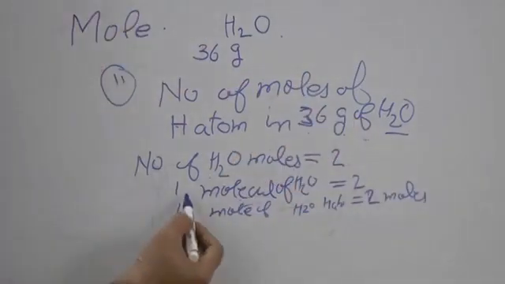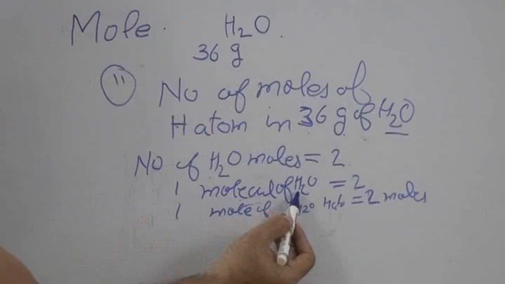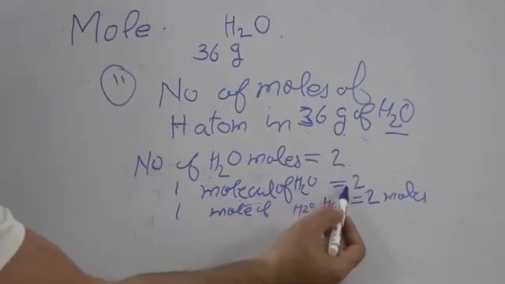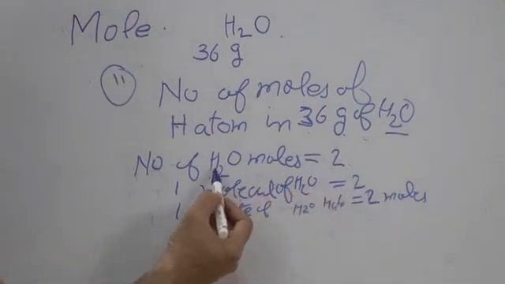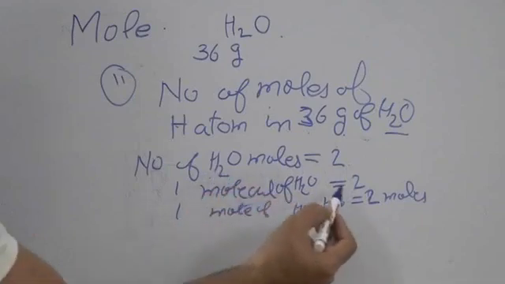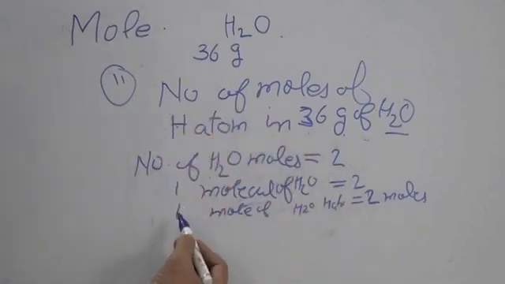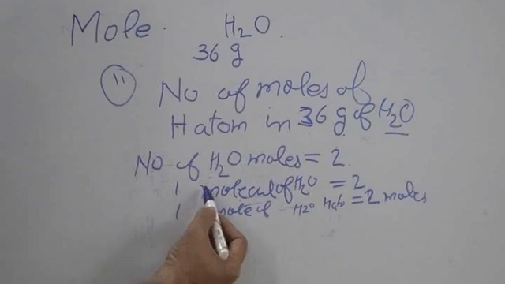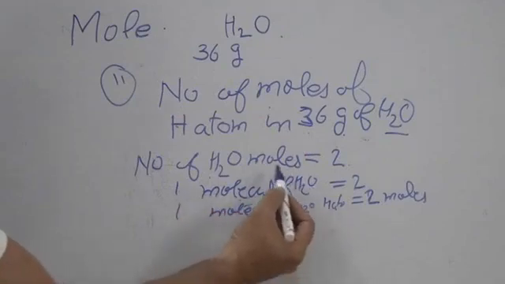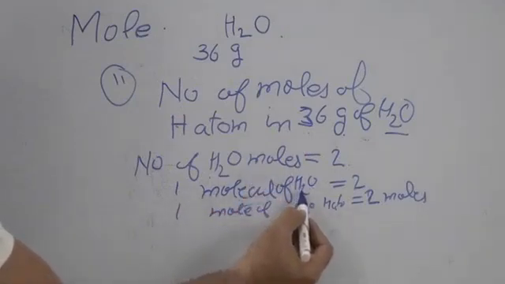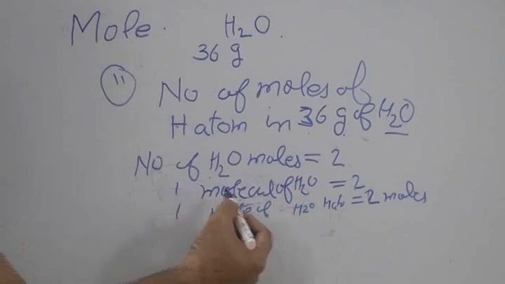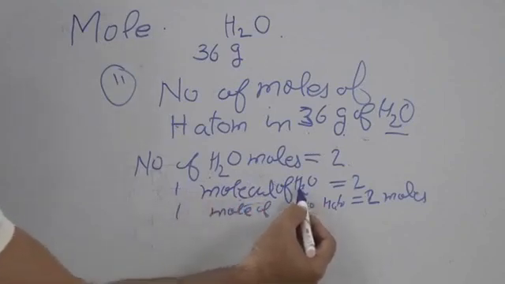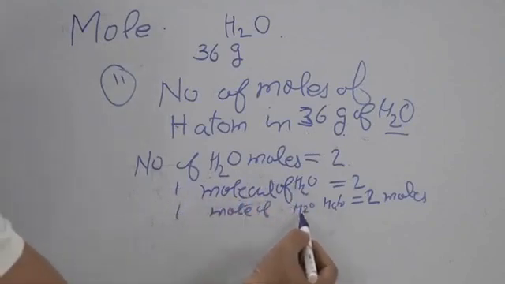No. In 1 molecule of H2O, number of H atoms is 2. If we take 100 molecules of H2O, then it would be 200. 1000, then it would be 2000. If 1 mole, it would be 2 moles.